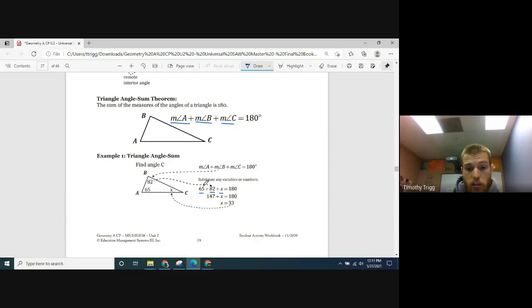Combining like terms, the 65 and 82 gives you 147. Subtract 147 from both sides, and you get that x equals 33. And you could always double check because remember, the three angles together should add to 180. Add the three angles together, and in this case, they do. So you know it's correct.